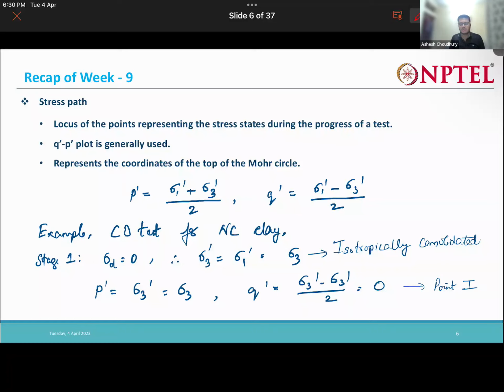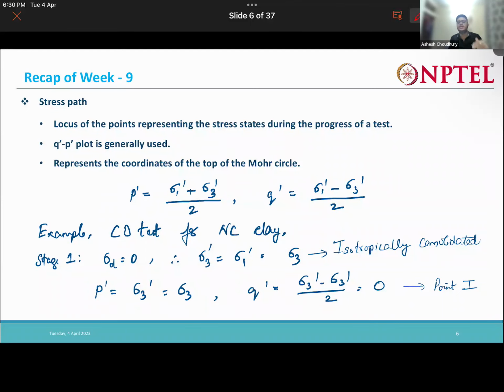In a UCS test, you keep on applying axial stress, axial load. You are increasing the axial load, say 1, 2, 3 kPa, 4 kPa, like this. At a certain point, it fails. This is the progress of the test.